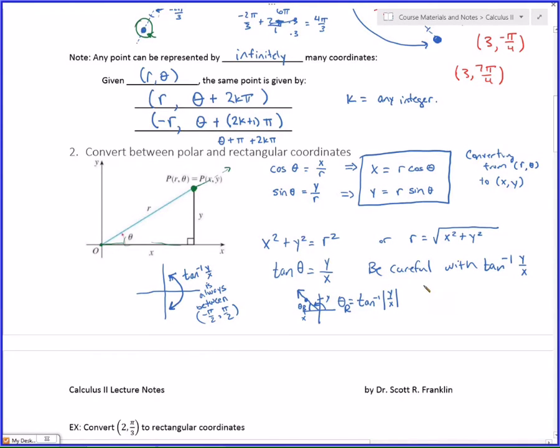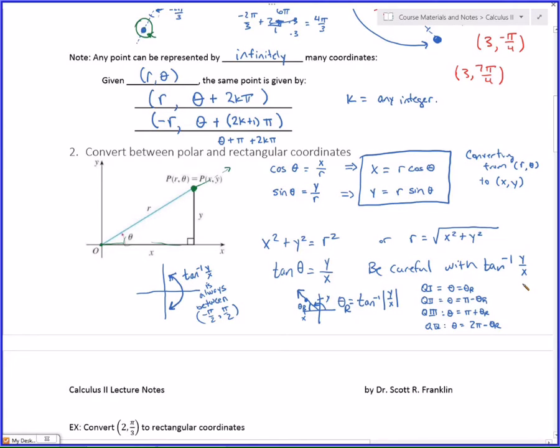And then, if you're in quadrant 1, theta is always the same thing as theta r. In quadrant 2, theta is pi minus theta r. In quadrant 3, theta is pi plus theta r. And in quadrant 4, theta is 2 pi minus theta r.